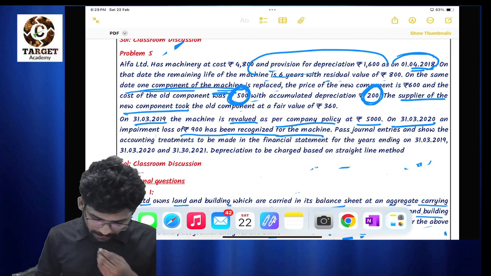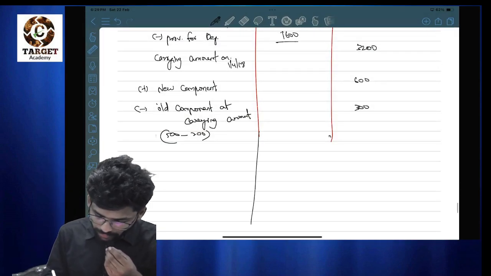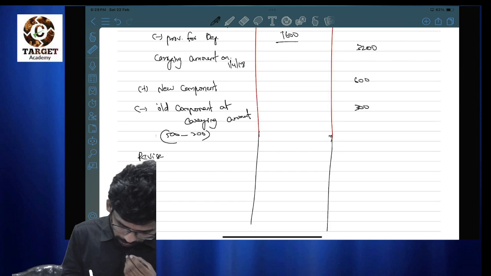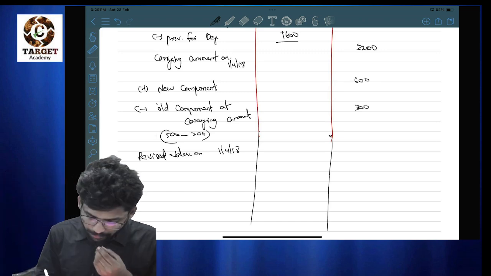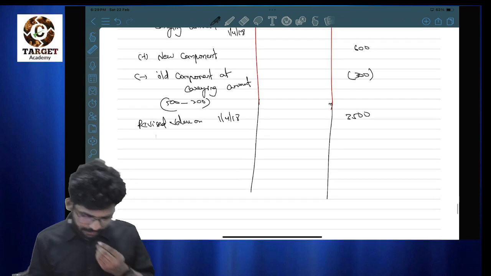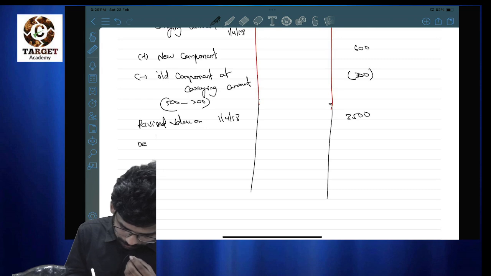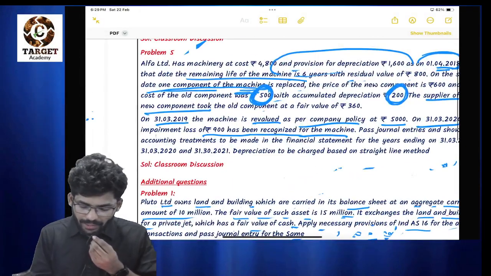So please calculate the depreciation now. What is the revised total value? Revised value on 1/4/2018, how much? 3,200 plus 600, sorry, 600 minus 300. Okay, take it, 3,500. Calculate depreciation. How many years remaining life of the asset? 6 years.